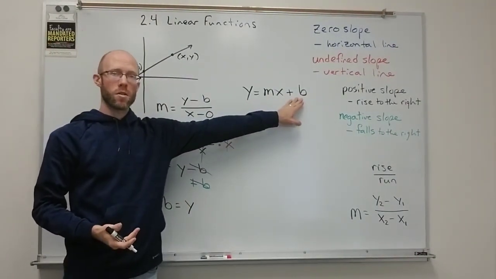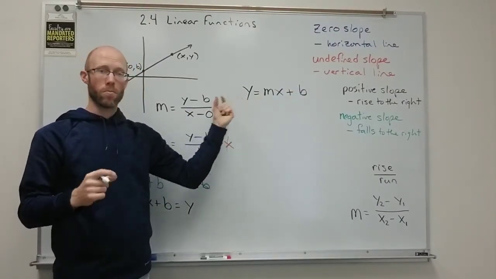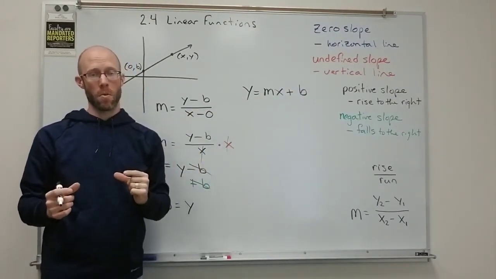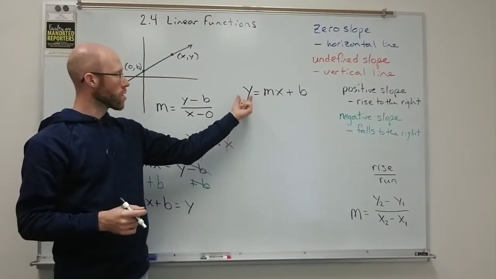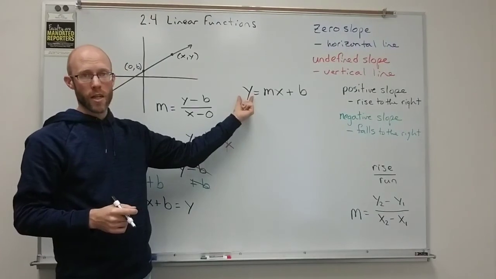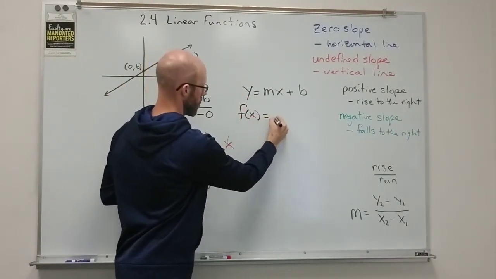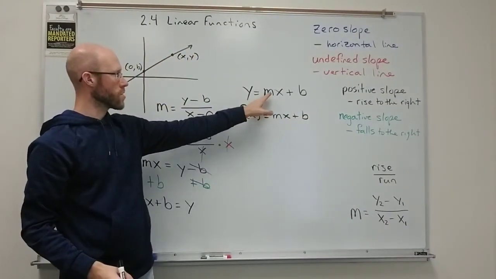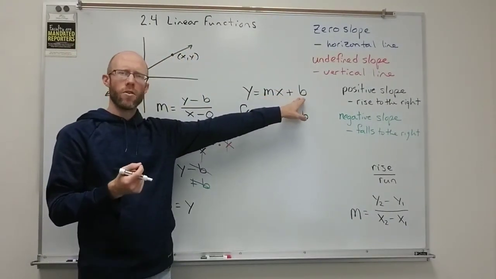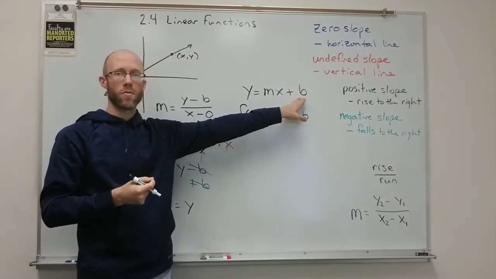Now what this gives me is an equation that I could actually put in function notation. Remember earlier in chapter 2, we can write an equation like this in function notation, like f of x, where in this case, the m and the b are very specific parts of the graph.